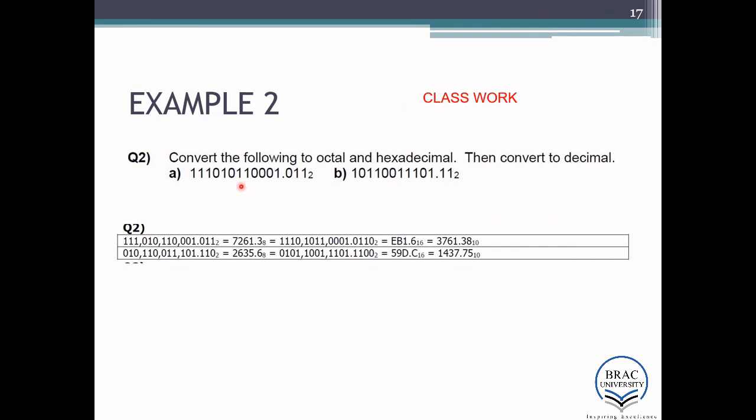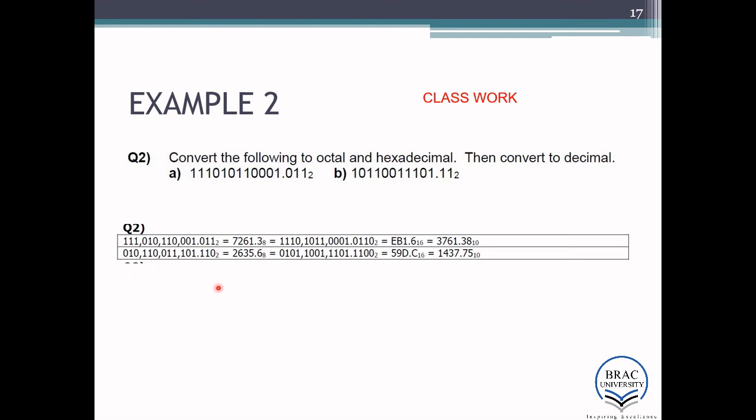Convert the following to octal and hexadecimal. Another class work. You have been given the binary, so you need to convert it to octal. Make groups of 3 bits and write the equivalent octal number, right? Then octal to binary again, and binary to hexa.